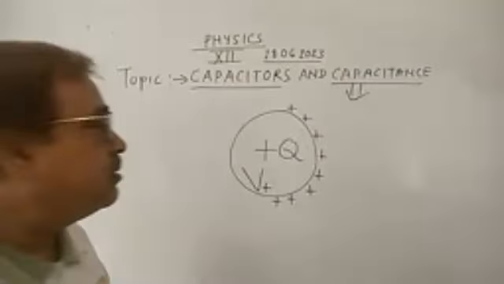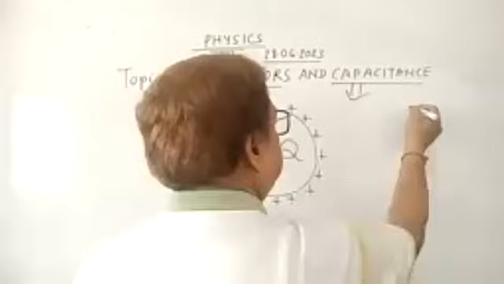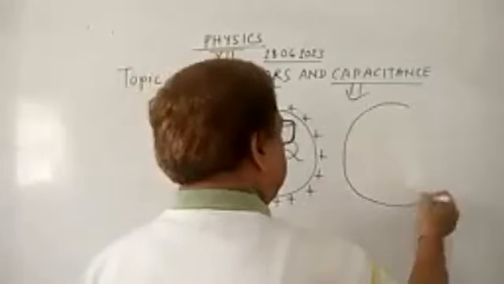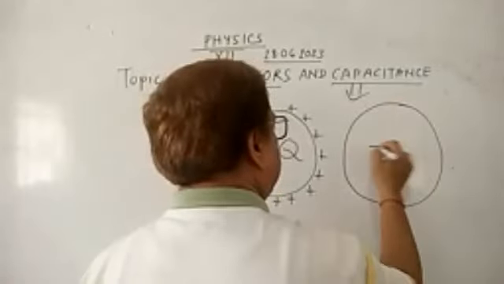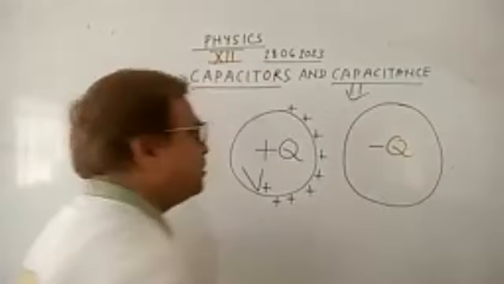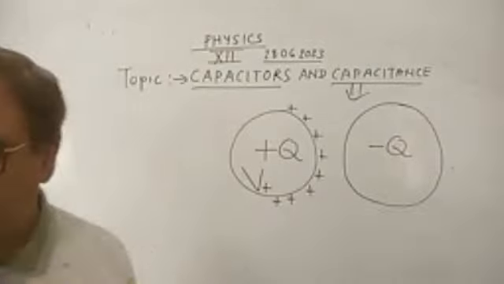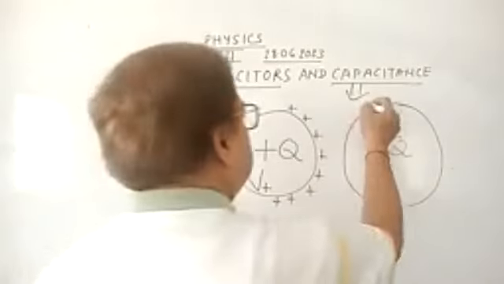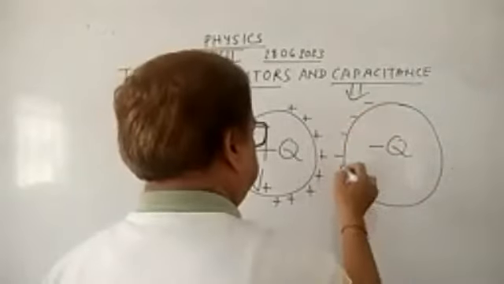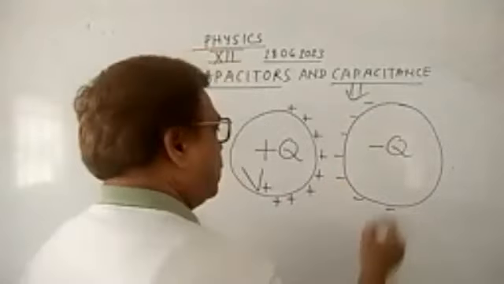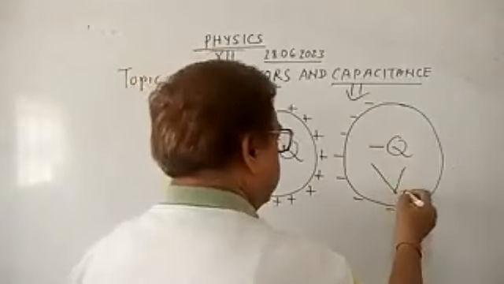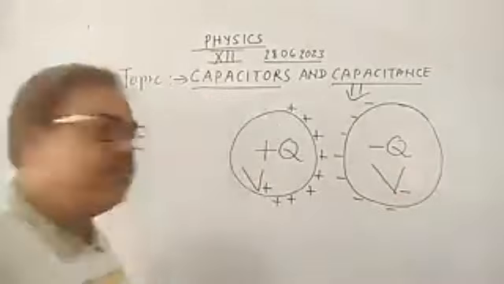Near this conductor, we place another conductor with a charge stored on it. Negative charges are shown here, and the potential of this conductor is V negative.